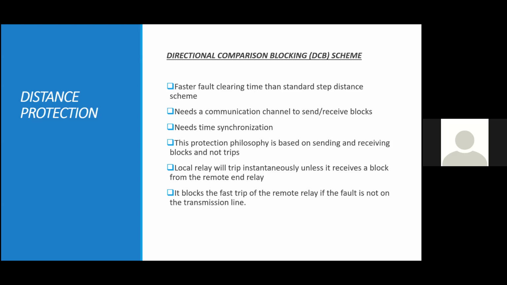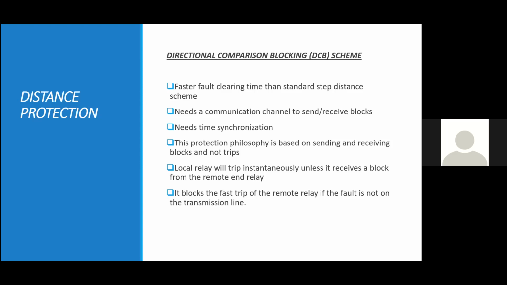As this is a communication channel based scheme, you need a communication channel to send and receive signals. As this is a block based scheme, you will be sending blocks instead of trips.